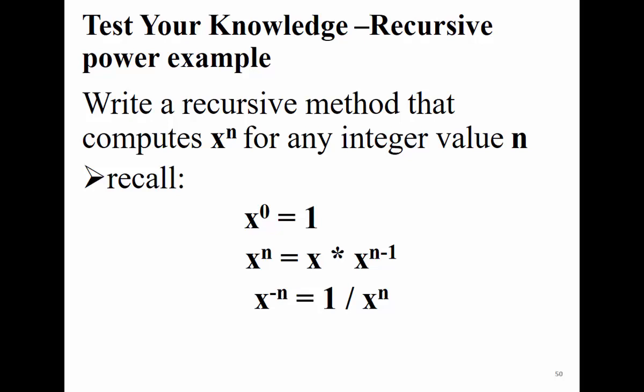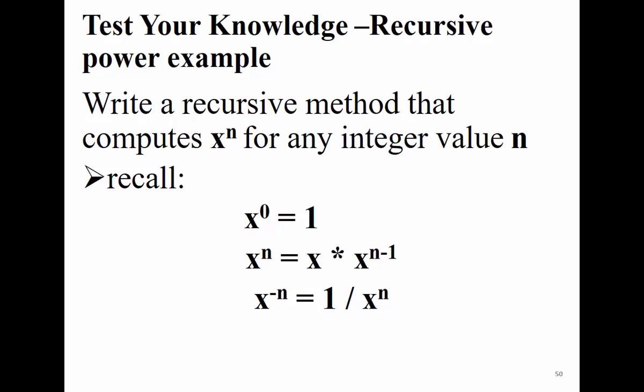What is really going to be changed in the previous implementation? Is there any change to the previous implementation, or do we have to start a new implementation with a new base case? If n is positive, nothing is changed, the same implementation. We end up reducing n, n minus 1, each recursive call until we reach n is equal to 0.